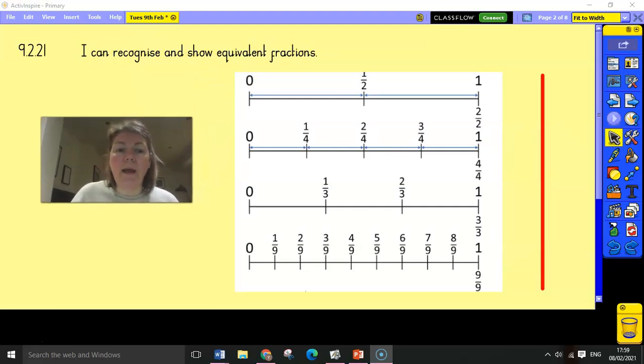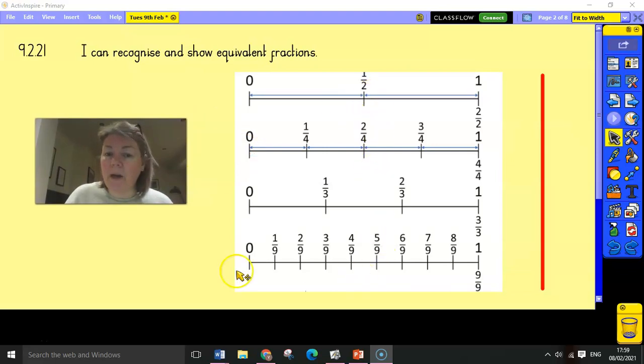So we're going to start by having a look at the number lines here, and we can see that these number lines all start at 0 and they all end at 1. But we have got different representations of fractions on them. We can see that this top number line here is divided into 2 equal parts. So we've got halves.